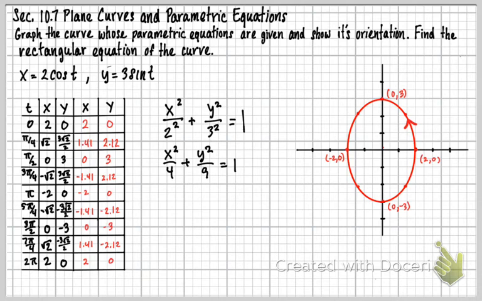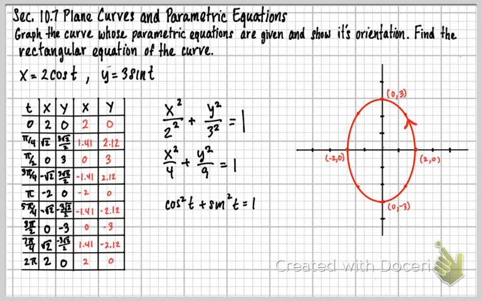Could we come up with it another way? I can look at it this way. I know cosine squared t plus sine squared t equals 1.